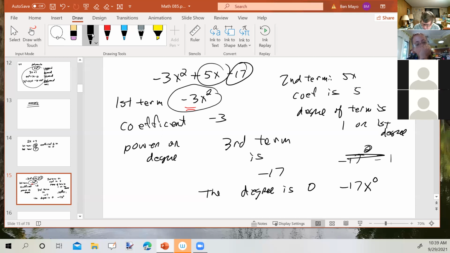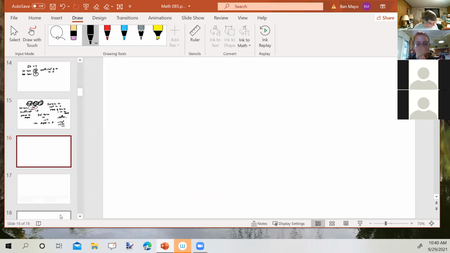X to the 0 power is just 1, so this is still just negative 17. So when we're talking about the degree in terms of algebraic stuff, the degree of that is 0, okay? But again, that doesn't mean it's negative 17 to the 0 power. It basically means there's no variable in the term. So the degree of this term is 2, and then 1, and then 0. All right? Again, that's kind of a hard one to swallow, but open wide and down it'll go.